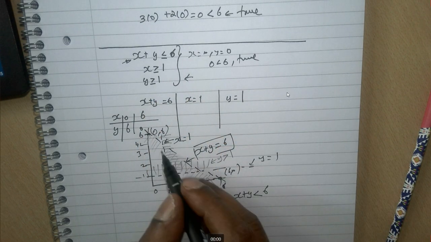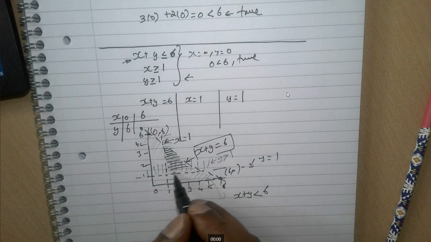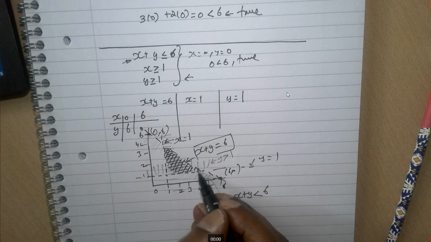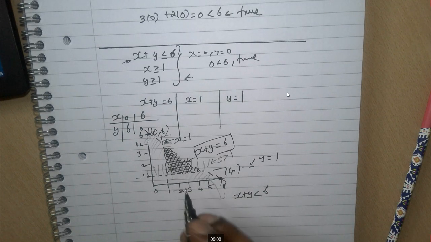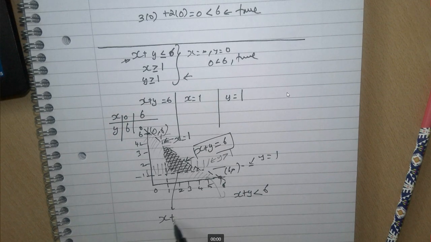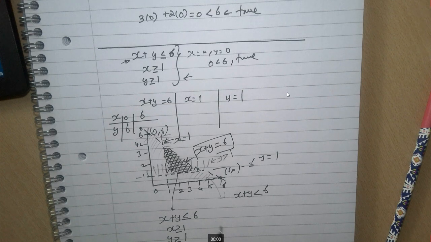That is somewhere around here. Within this shaded region, all the conditions hold true: x plus y less than or equal to 6, x greater than or equal to 1, y greater than or equal to 1. So where all conditions are met.